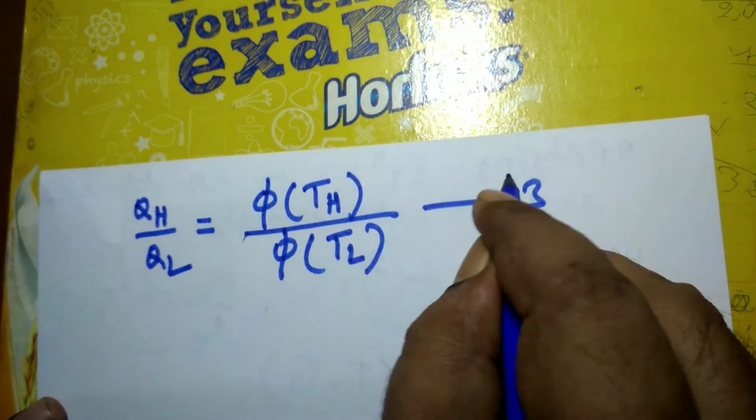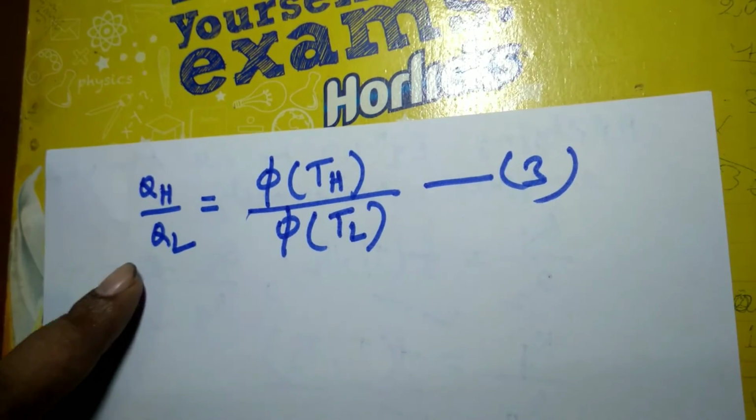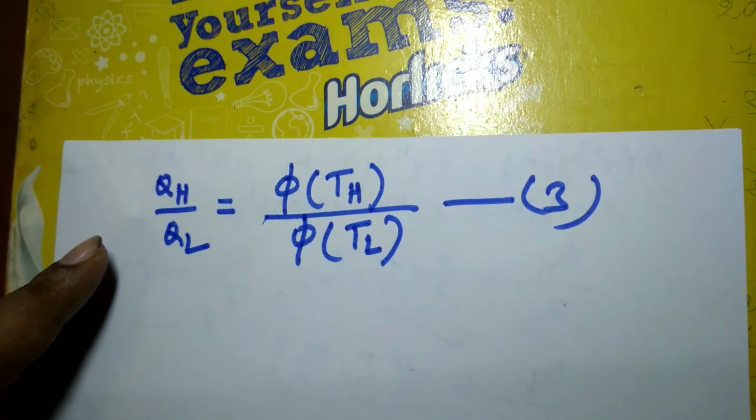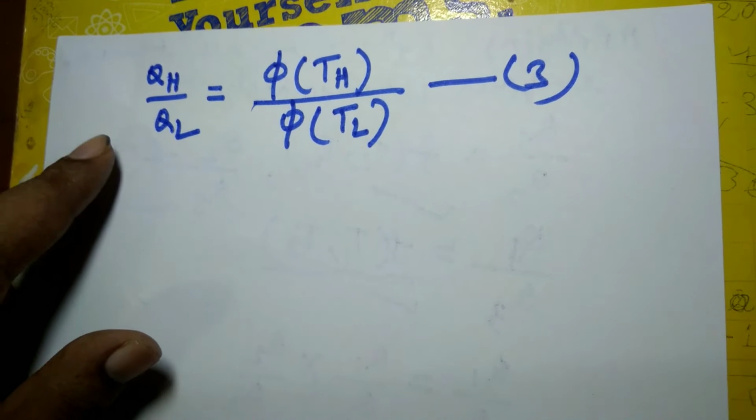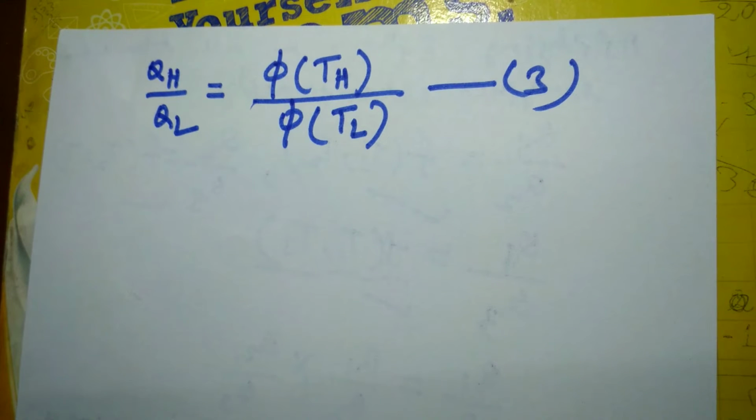This is equation 3. What we found is that the ratio of heat added and heat rejected, the heat added from the source to the heat engine divided by the heat rejected by the heat engine to the sink, is nothing but a function of TH divided by a function of TL.